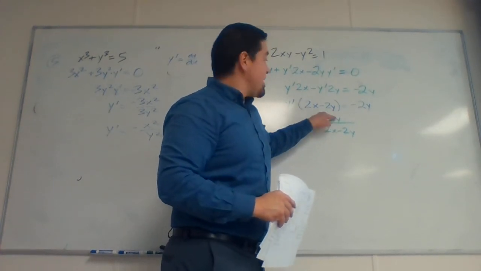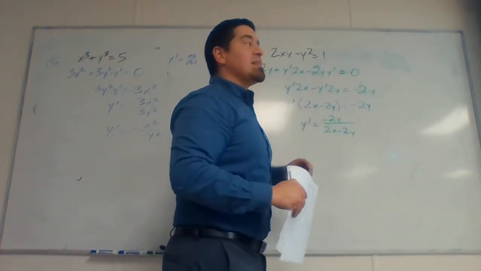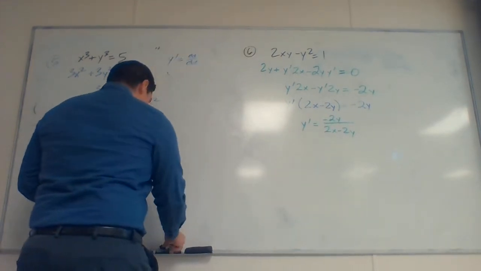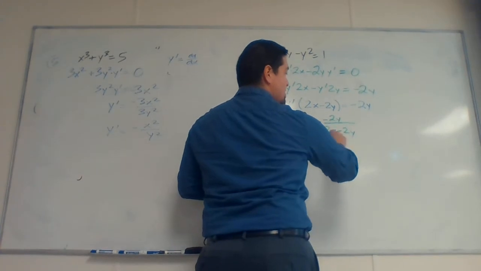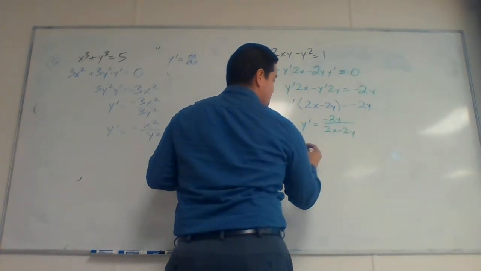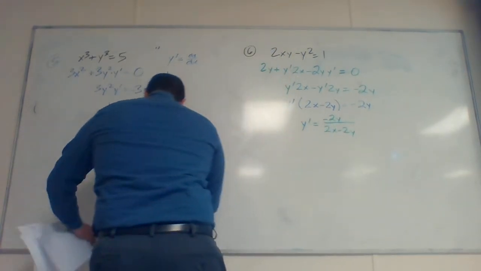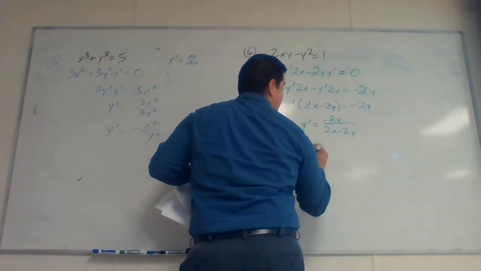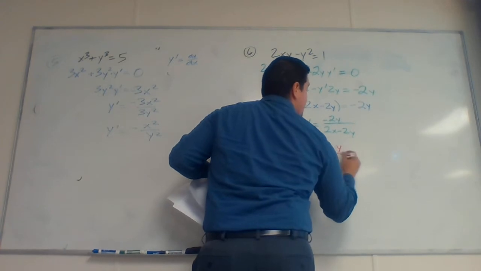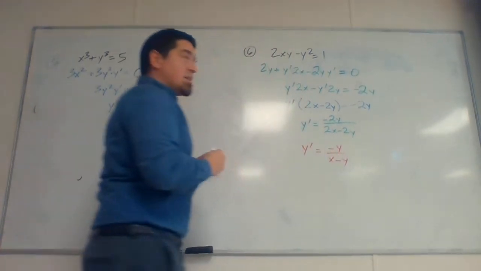What can I divide everything by here? 2. It wouldn't work if this was like 3 and these were 2s. So the answer here is negative y over x minus 1.